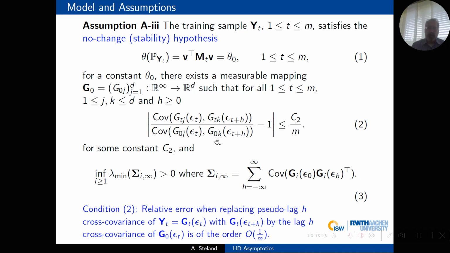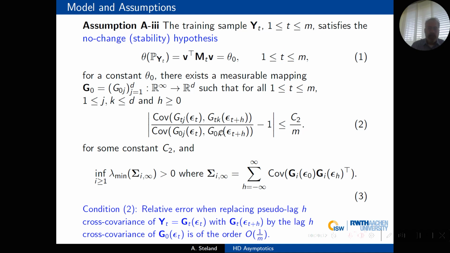So the relative error when replacing these pseudo-lag cross covariances of our real data with these expressions by the lag h cross covariances of g0 epsilon t is of the order 1 over n. And this assumption is basically used in order to get nicer limiting distributions. So then we get formulas in terms of Brownian motion, as we will see.